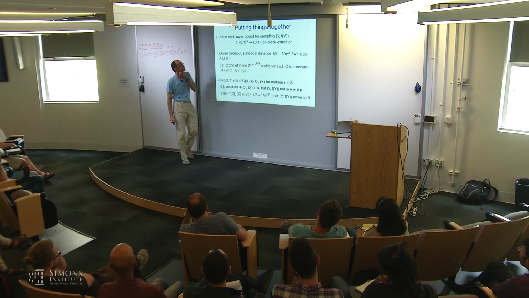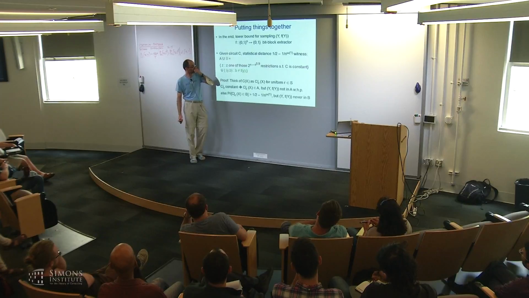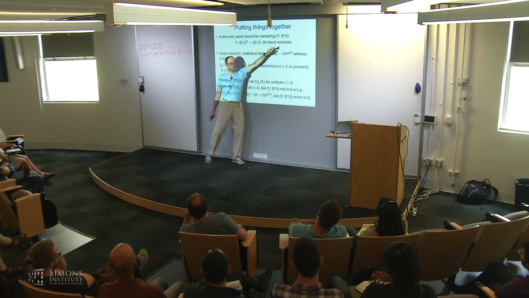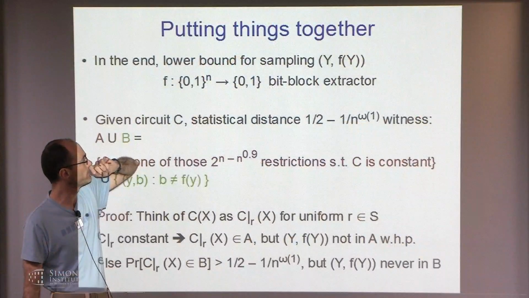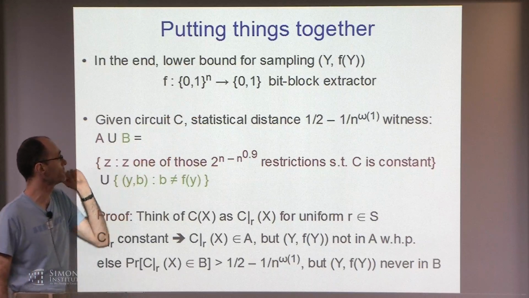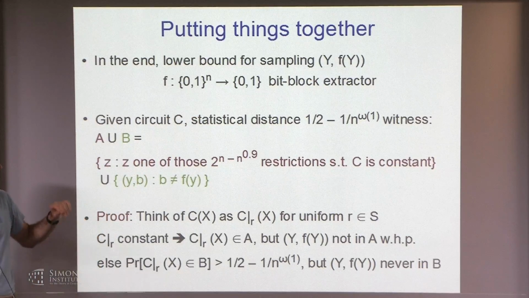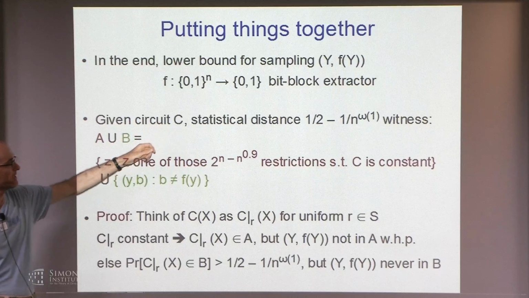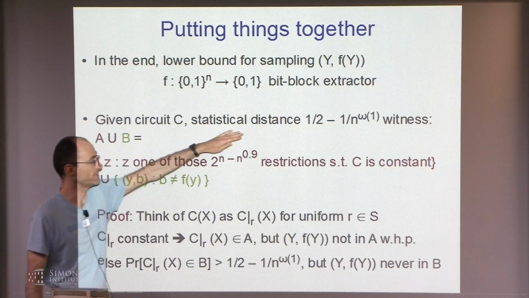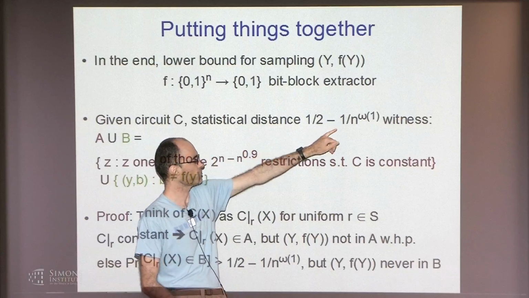So in the end, we prove a lower bound for sampling this (y, f(y)) distribution, where f is a bit block extractor. I just want to flash how you witness the statistical distance. If you give me a circuit C, you want to show that the statistical distance of the distribution is very close to half.